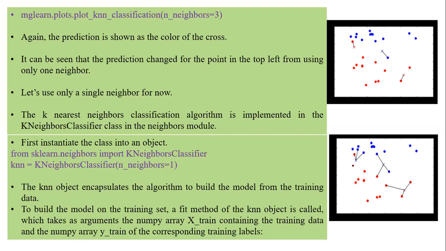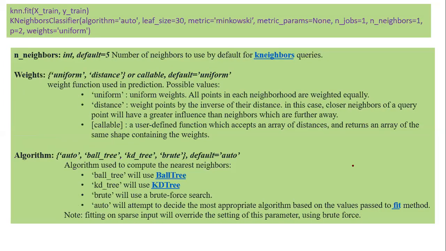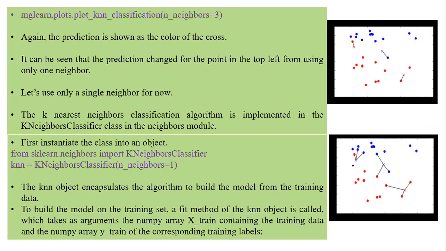So if you implement that, if you take k equal to 1, you will have the code. So here, see, we are using KNeighborsClassifier, and we have given the number of neighbors as 1, and we got knn. The knn is the model now.